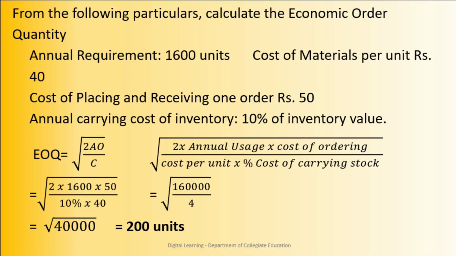When it's simplified, root of 40,000. When you take the root of 40,000, you get 200 units. So in this particular problem, the answer to economic ordering quantity is 200 units.